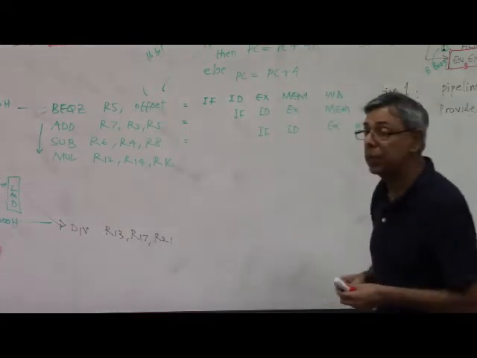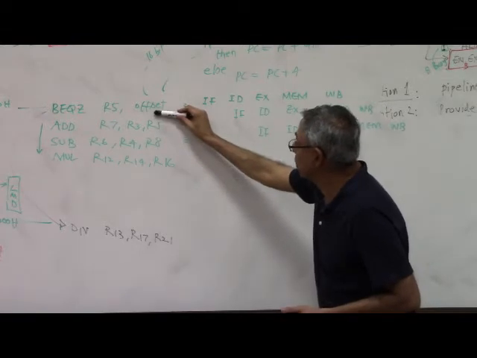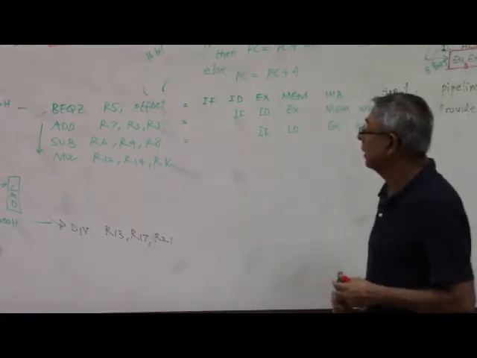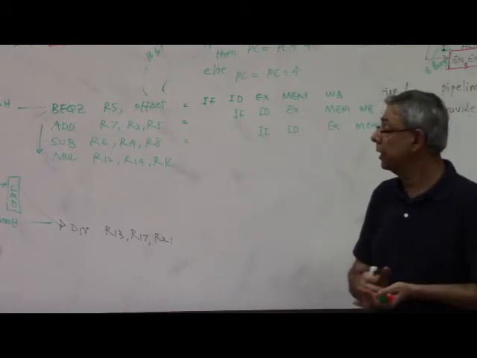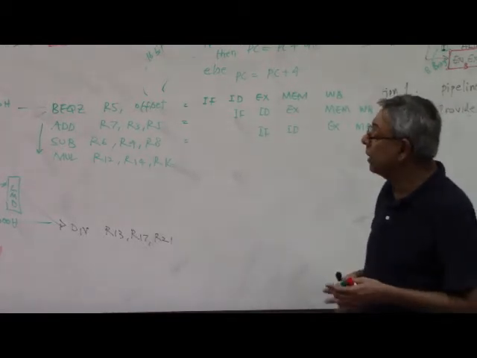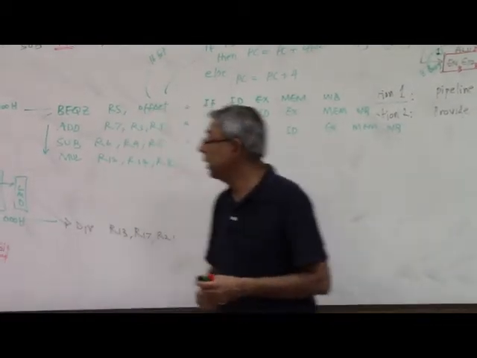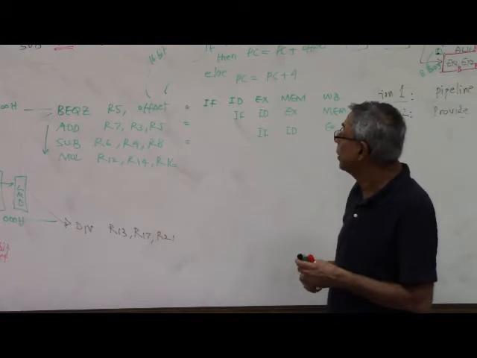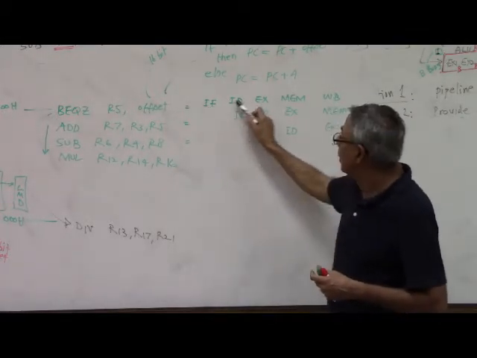Okay, so here's where the problem is. For a branch, in which clock cycle do we know that the branch is successful or not? Meaning, we have to update the PC to the target PC plus 4 plus 16-bit or PC plus 4. When do we make that decision? Okay, let's take a look.